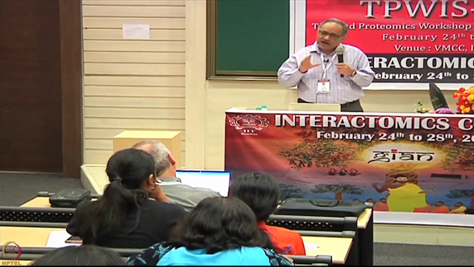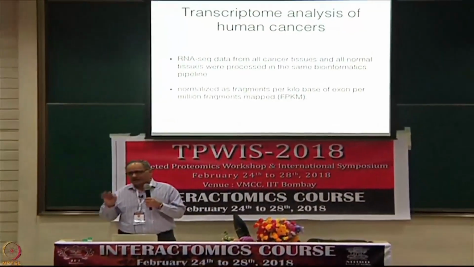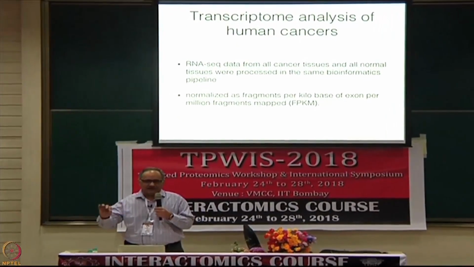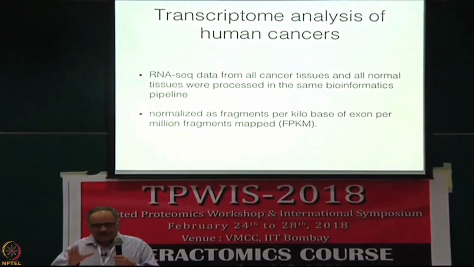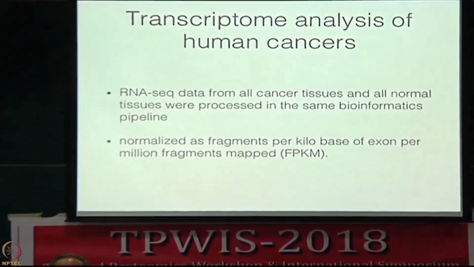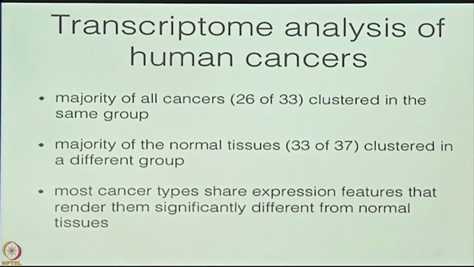All the RNA-seq data, both from the cancer as well as the normal tissues, were processed in the same pipeline and normalized according to the FPKM. That was how it was expressed. When we looked at the data initially, the majority of cancers, 26 out of 33 cancers, clustered in the same group.